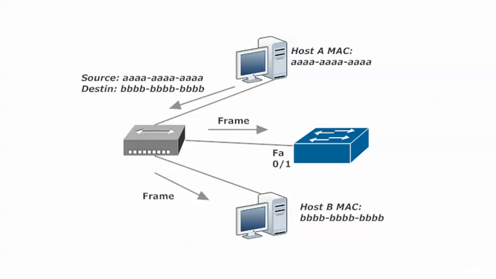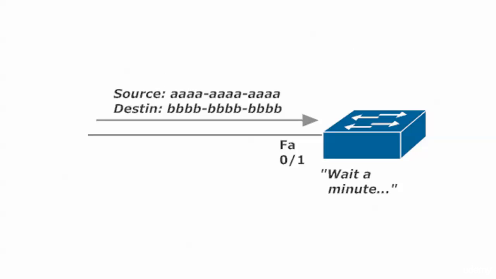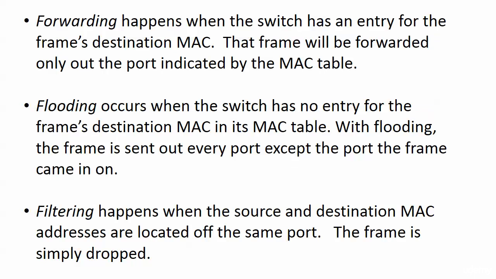And the switch looks at that incoming frame and it says, wait a minute. This is not an illegal action, but it's very unusual. And this is when a frame gets filtered, which is just another way of saying it's going to get dropped. That's when the switch looks in its MAC address table and says, okay, the source and destination for this frame are both found off the same port, in this case FastEthernet 0/1, and it's just going to drop the frame. That's all that's going to happen.